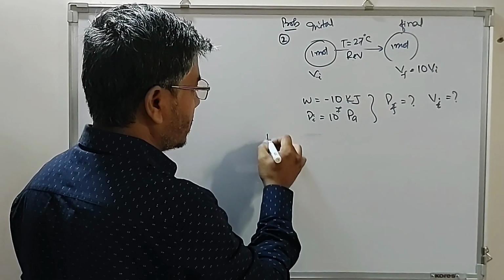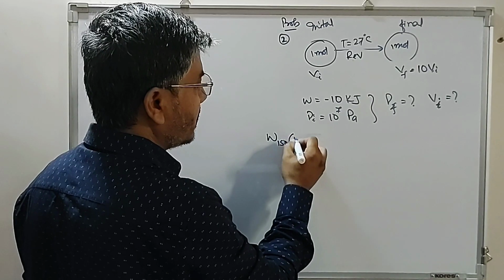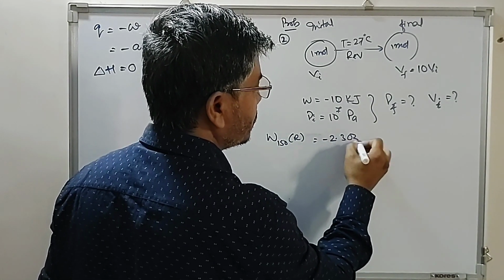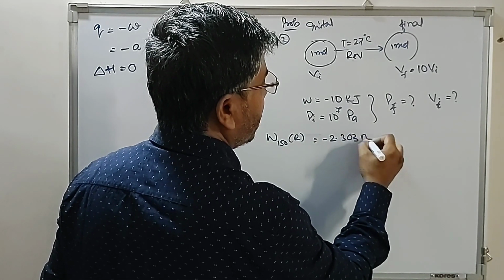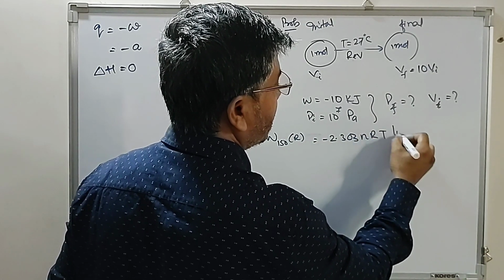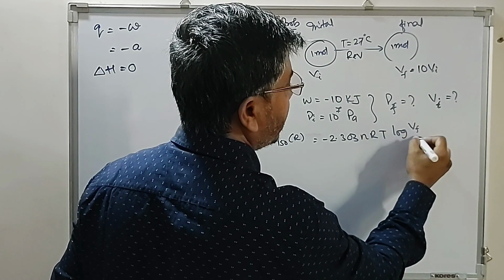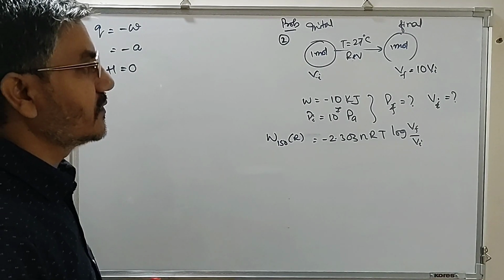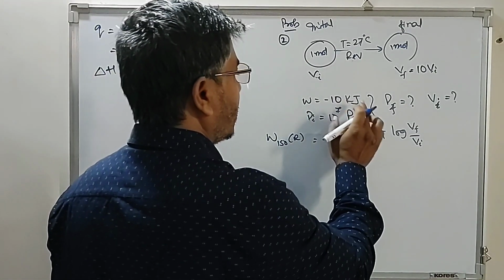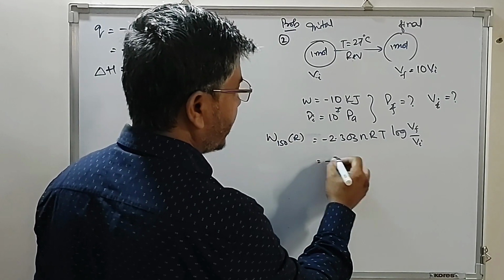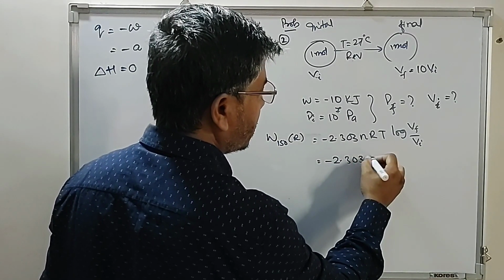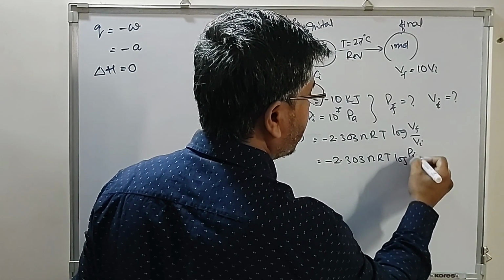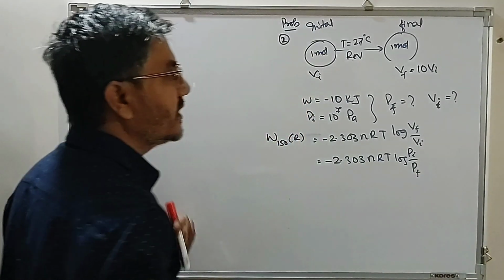So now look at this, work done for an isothermal reversible process is minus 2.303 nRT log Vf by Vi, which is also minus 2.303 nRT log Pi by P final.